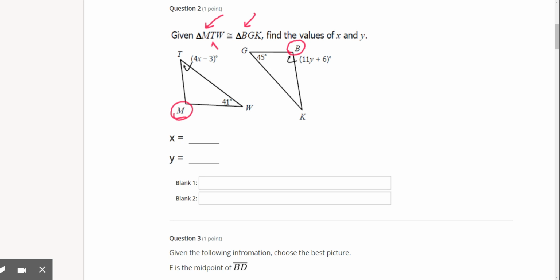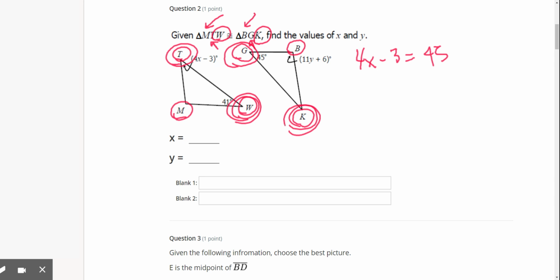And then T goes with G, so there I can set up an equation: 4x minus 3 equals 45, because I know those two loop angles, the T and the G in the middle of my answer key up at the top, have to go together. And then I know W goes with K. I don't have any information at K, but I do have something here.